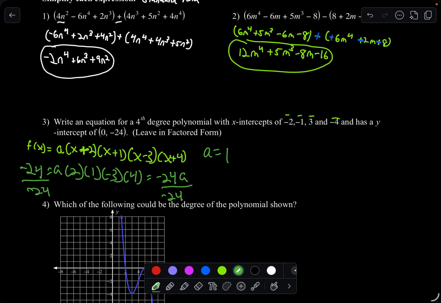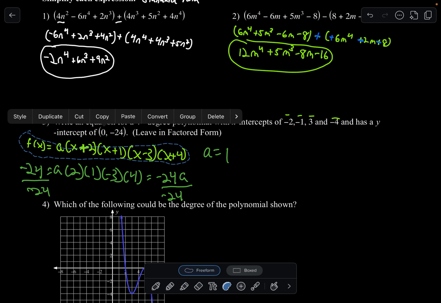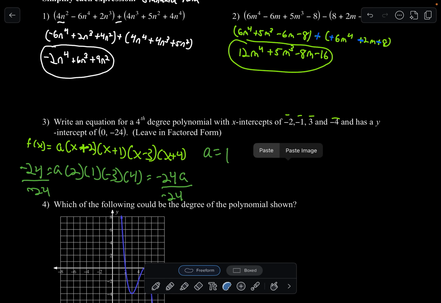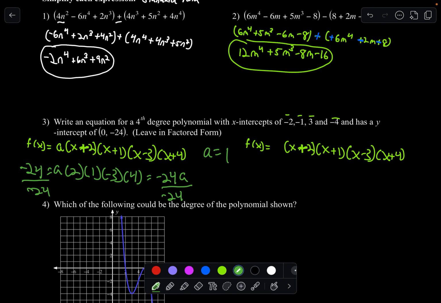So what we're going to do is take the polynomial we wrote down and replace the a with 1, which just basically means we can erase it. This is your answer. You could also put a 1 here if you wish and circle it. So there you go. Notice it said leave in factored form, so you don't have to multiply it together.